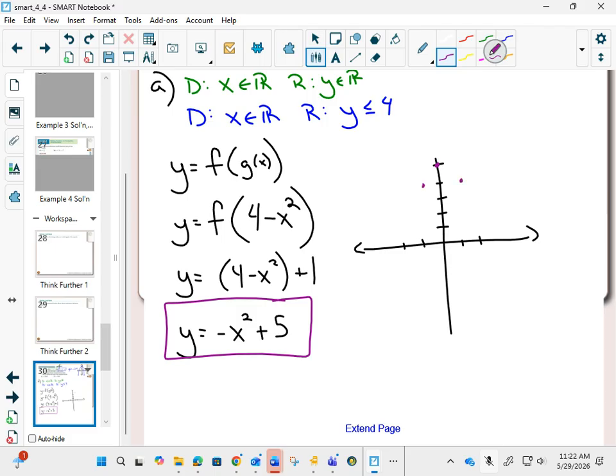Over 1, down 1, over 1, down 3. What's its domain? Everything. What's its range? y is less than or equal to 5. So if you find the explicit equation, you will have the skills to be able to draw it.